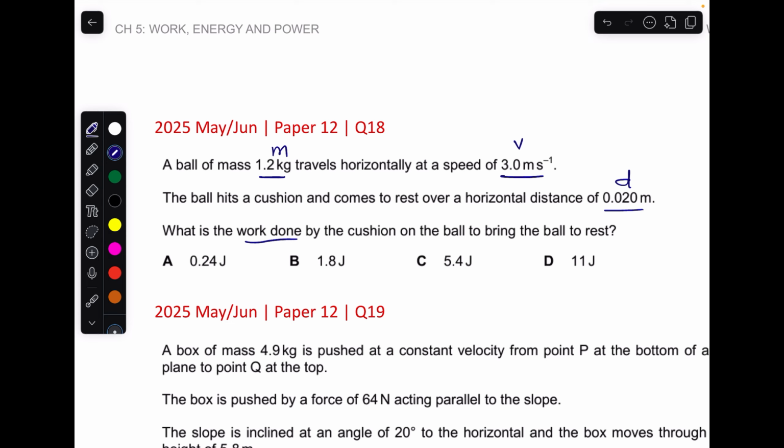As the ball was moving, we know that the ball has kinetic energy, that is 1 by 2 mv squared. The same amount of work is required to stop it. So this should be equal to the work done to stop it.